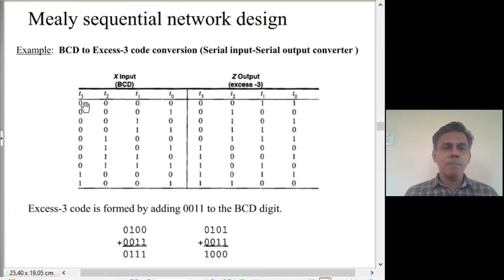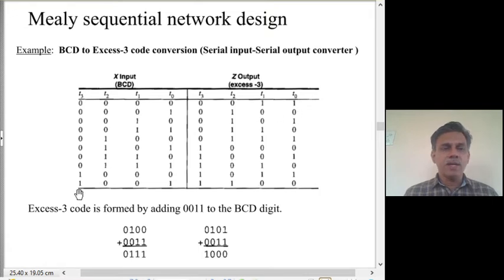which means the number 0 in BCD, which has an encoding of 0, 0, 0, 0, will take the form 0, 0, 1, 1. So, 0, 0, 1, 1 indicates the number 3. So, it has 3 in excess to the corresponding BCD value. For the case of 1, it will be 4, that is 0, 1, 0, 0, and so on.